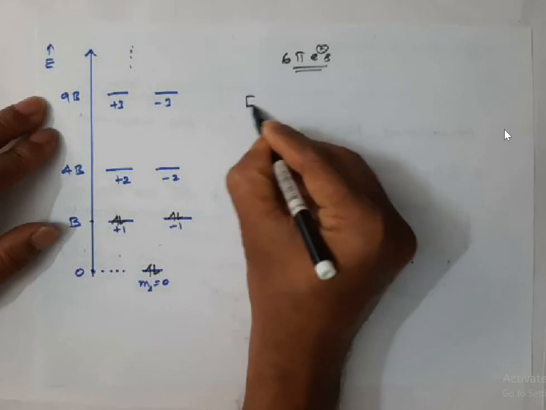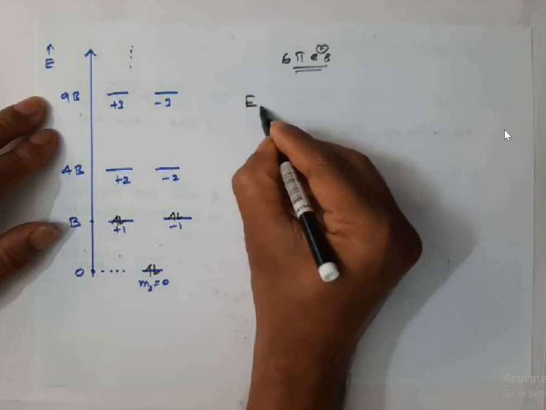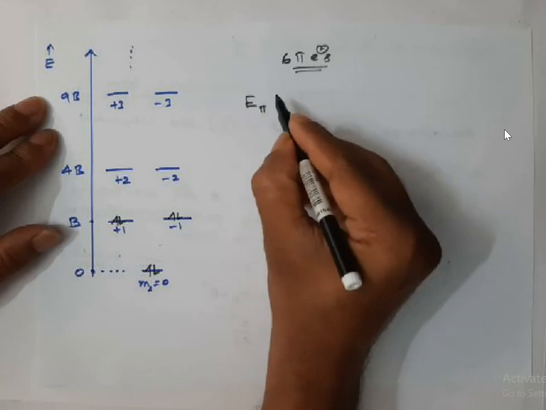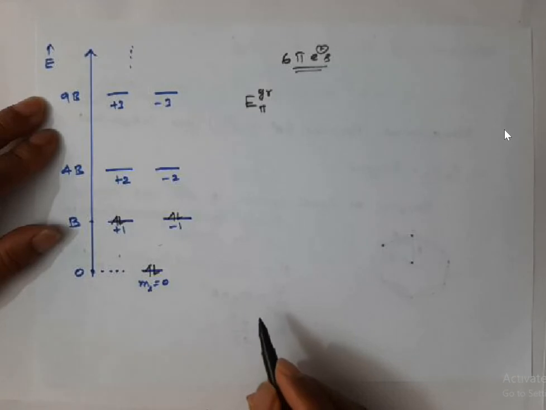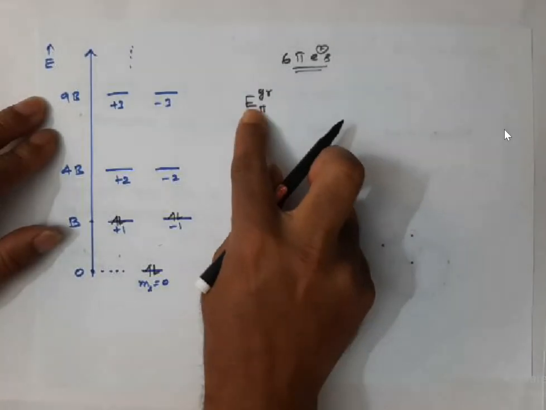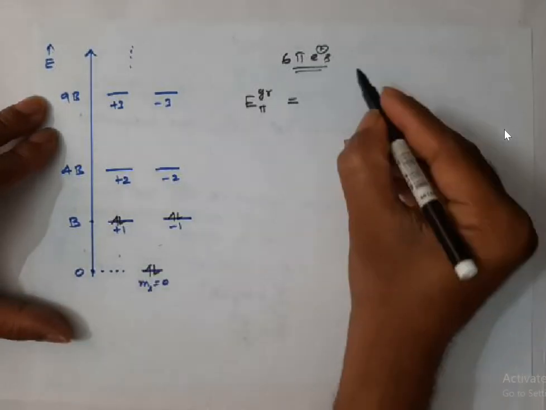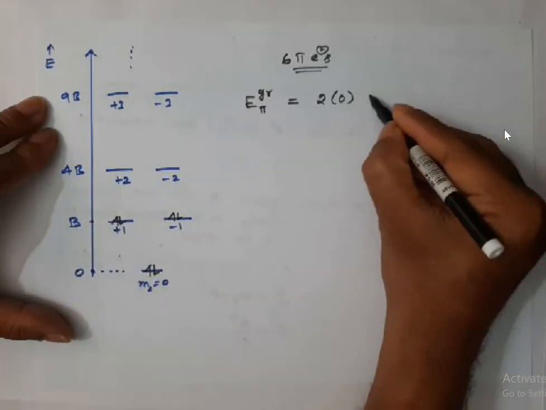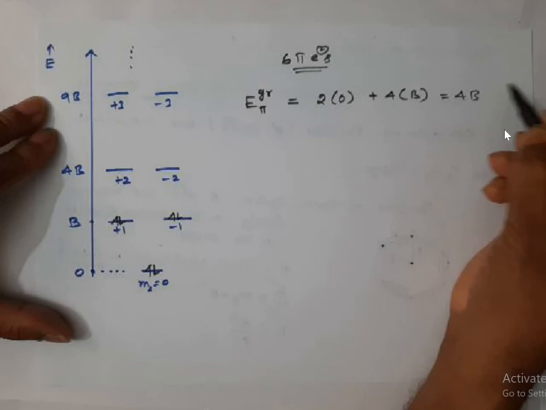Let me put the pi electronic energy for the ground state, GR, where GR represents the ground state. The pi electronic energy of the ground state for benzene is: for these 2 electrons the energy is 0, and for these 4 electrons the energy is B each, so the total energy is 4B.